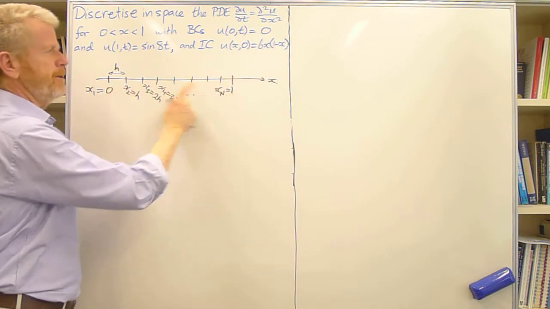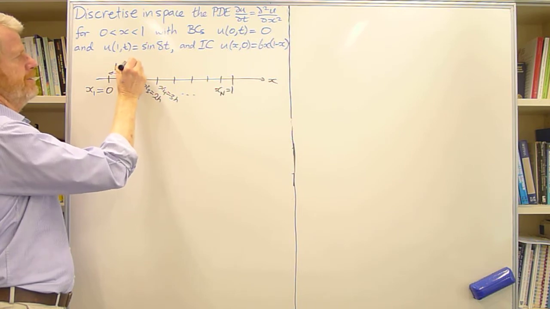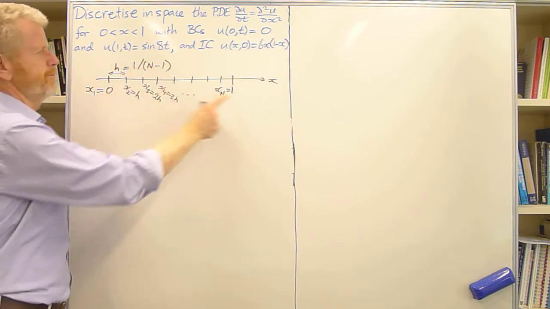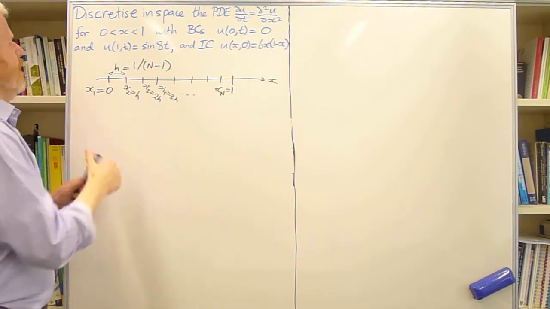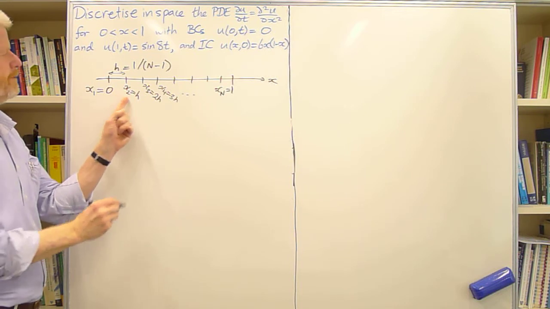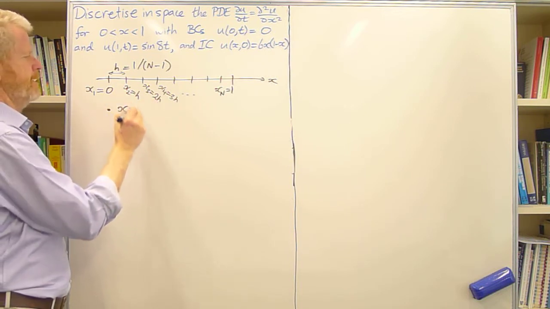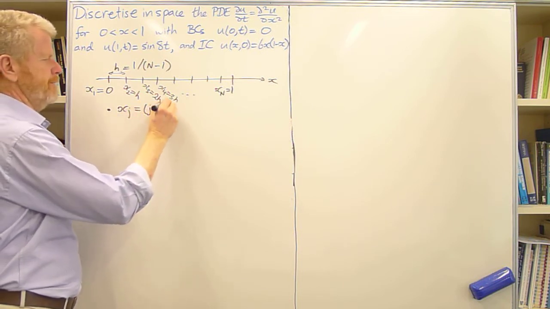Now, since there are n−1 intervals, we know that h is, in this case, 1/(n−1) in order to go from 0 to 1. So what that means, for example, is these x grid points are defined to be xj = (j−1)h.